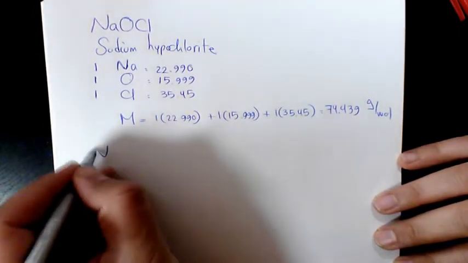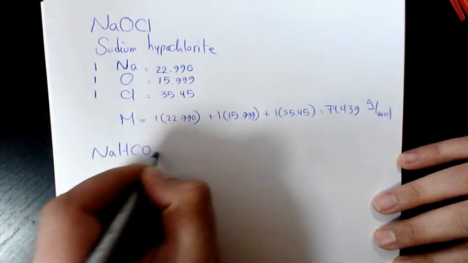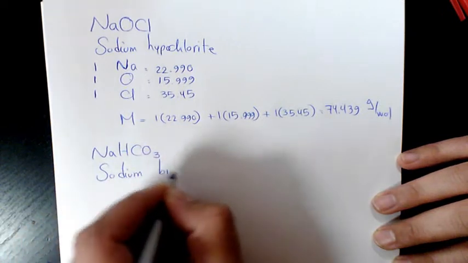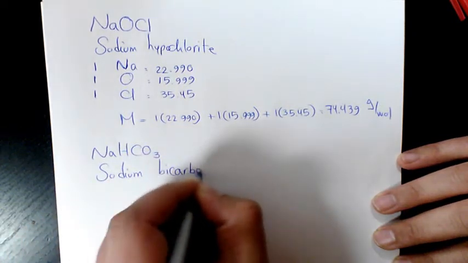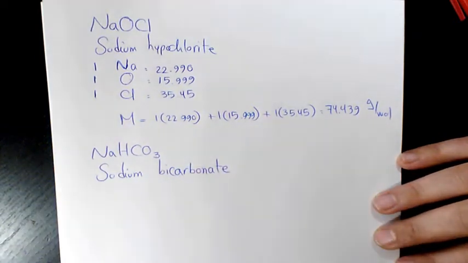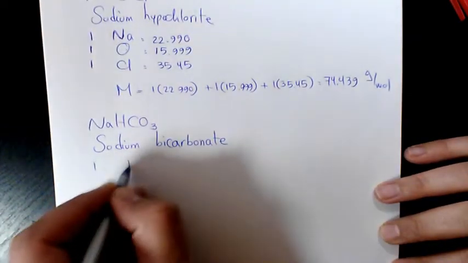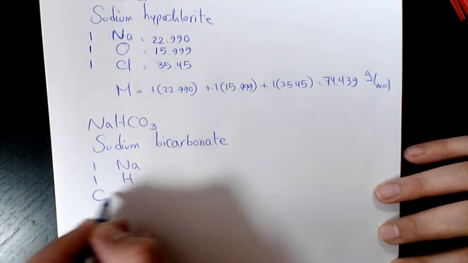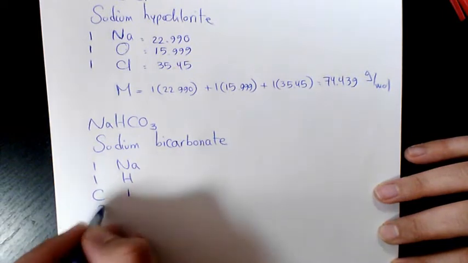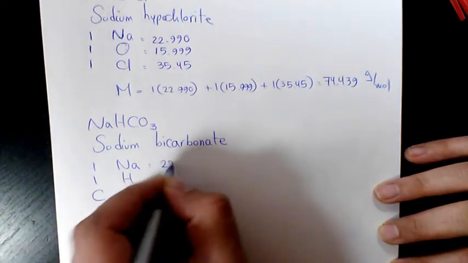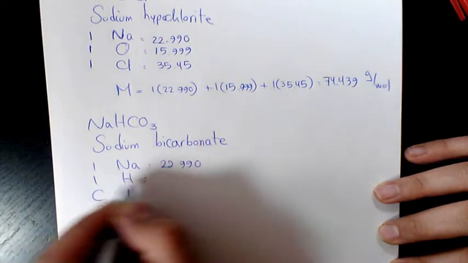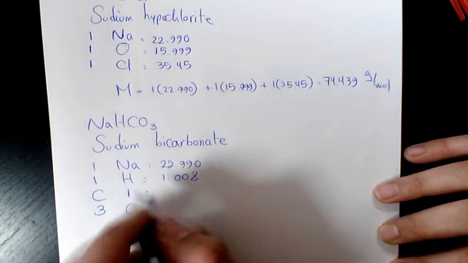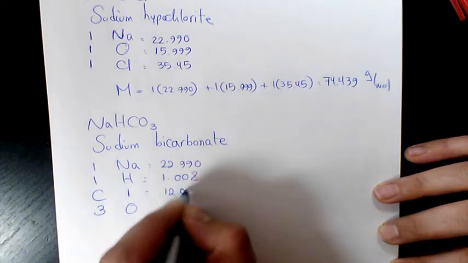Next is NaHCO3, which we call sodium bicarbonate or sodium hydrogen carbonate. We have 1 sodium atom, 1 hydrogen atom, 1 carbon, and 3 oxygen. So that's 22.990. Hydrogen is 1.008. We use the periodic table for all this. Carbon is 12.011.